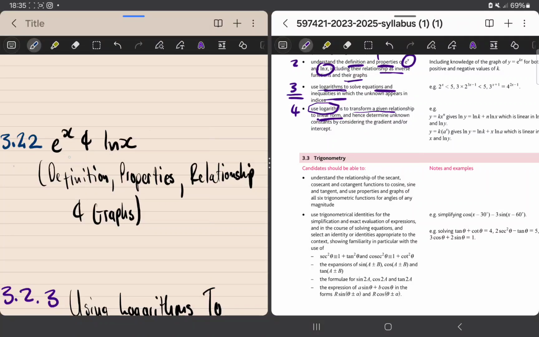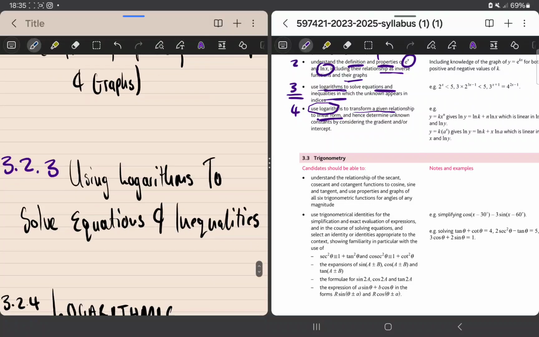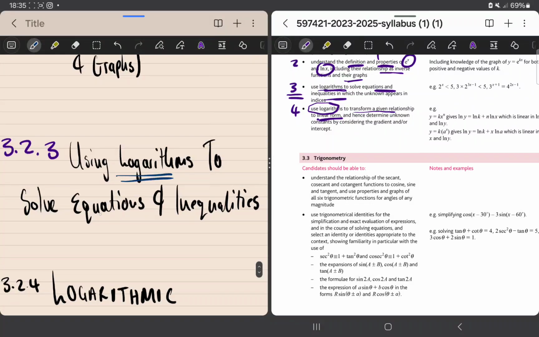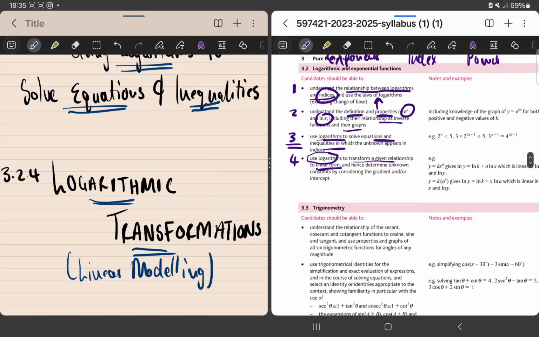Then we are going to go through e to the x and ln x. You want to understand these, their graphs, the different types of graphs. Then we are going to use logarithms to solve equations and inequalities. That's a very common one. Then finally, we are going to see logarithmic transformations, where we convert a relationship that may not be in linear form to linear form.